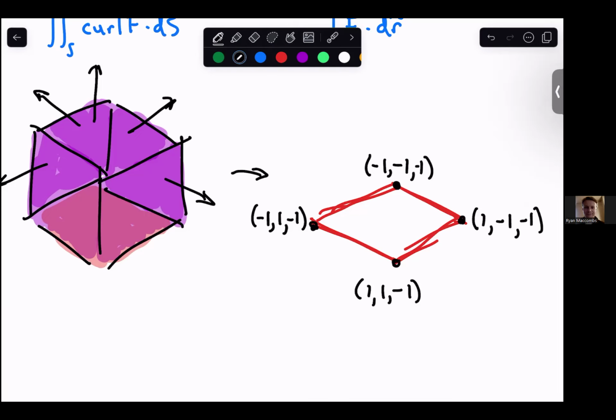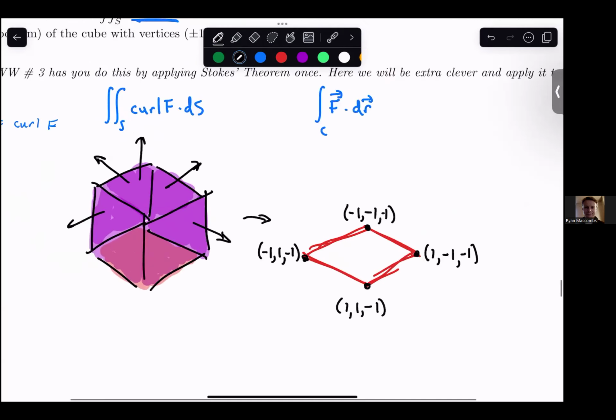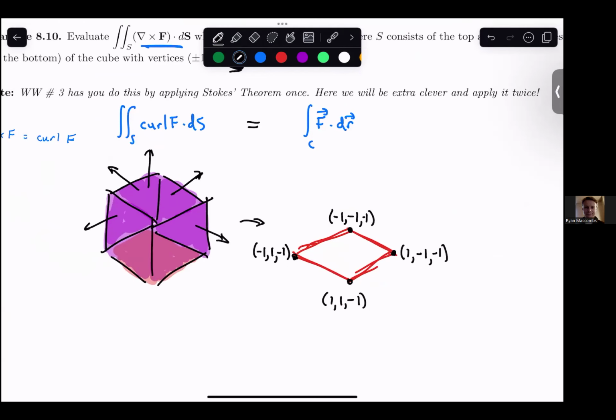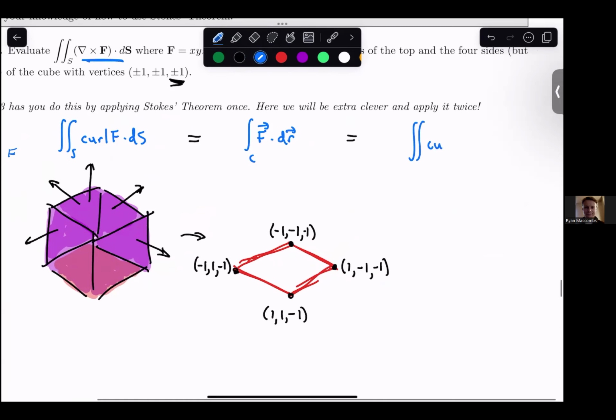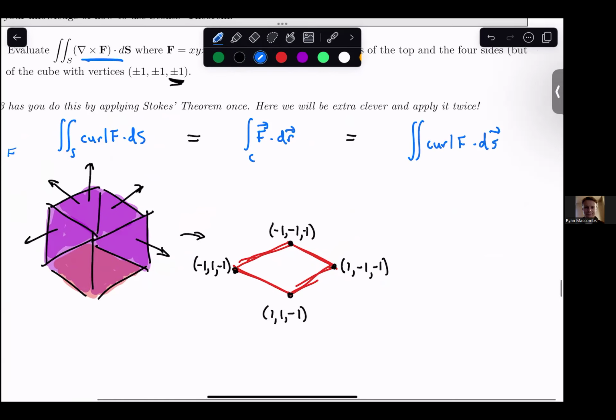And we'll think about orientation in just 1 second. But again, I want to be a little bit clever in this particular case, and I'm going to apply Stokes' theorem one more time. I'm going to attach to this curve a surface. So I'm switching back, applying Stokes' theorem a second time, going back to a curl of F dot dS. But now I'm going to choose a different surface.